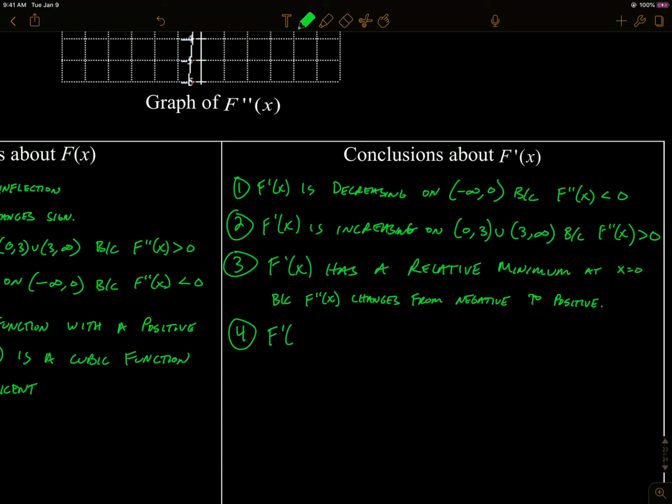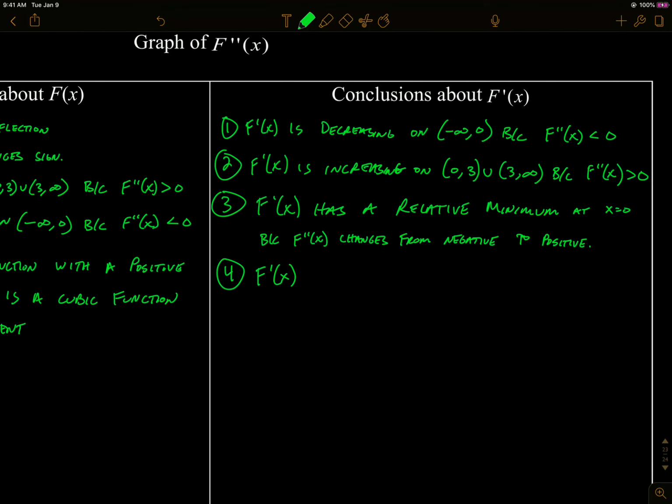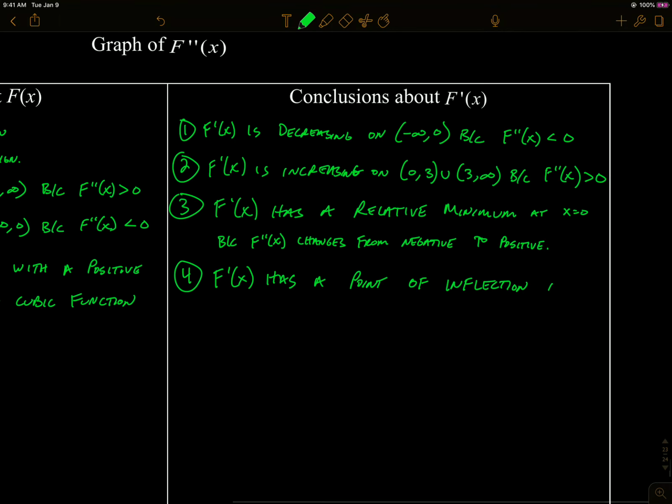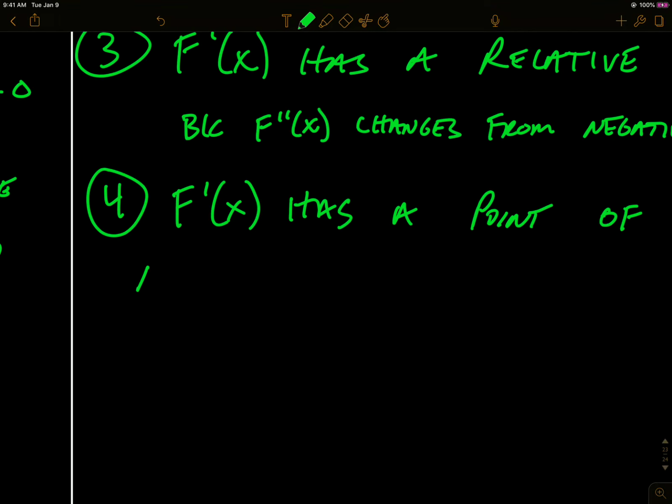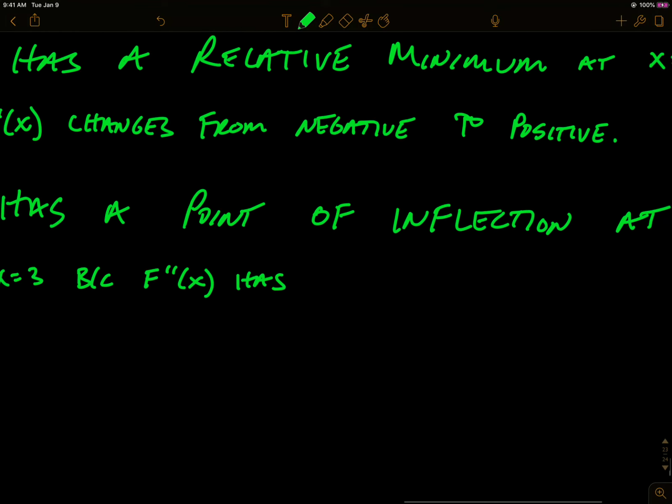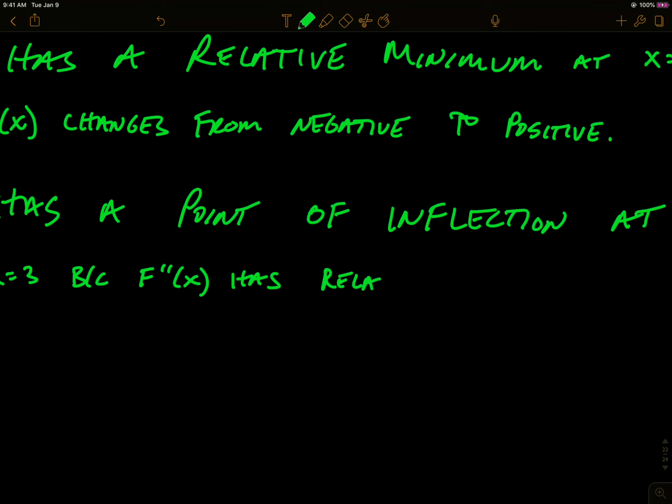Now, for some fun stuff, we could say the derivative has a point of inflection at x equals 1 and x equals 3 because the second derivative has relative extrema.